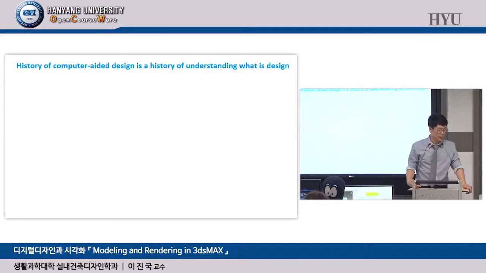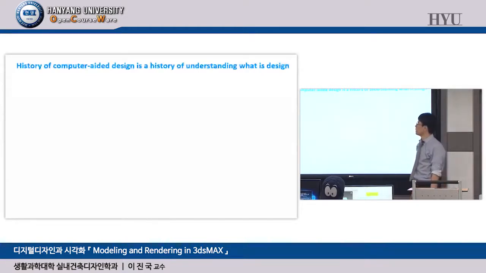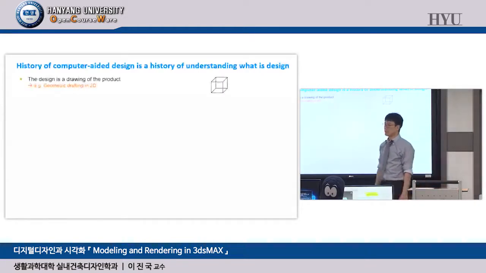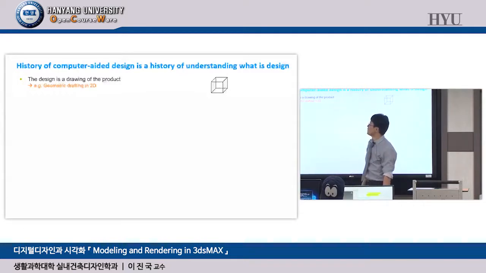Let's briefly take a look again at the history of computer design. The history of CAD is a history of how to understand design. What is design? Around 50 years ago, when Sketchpad, the first CAD system, a line drawing computer system, was invented, people believed that design is a drawing of the product.